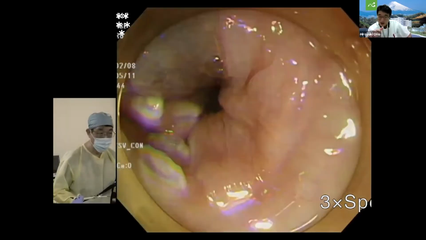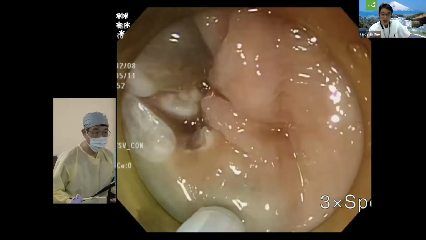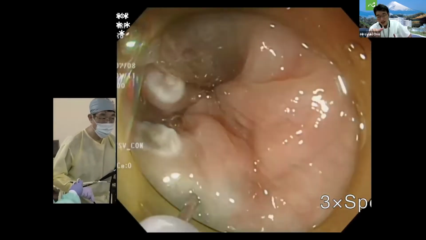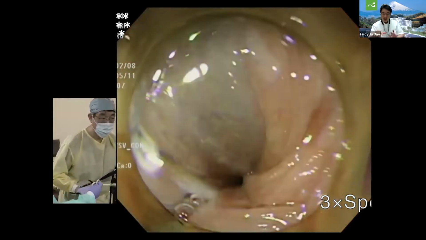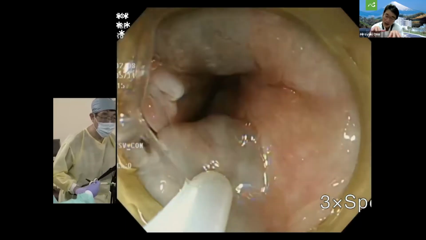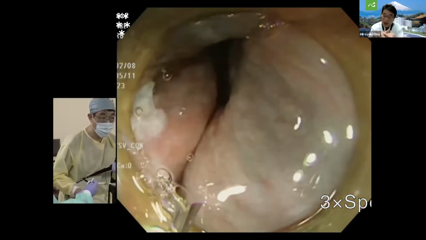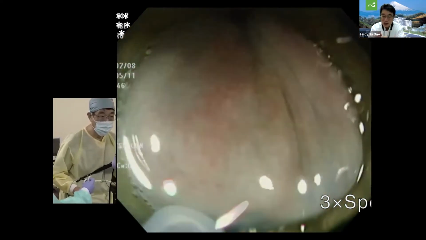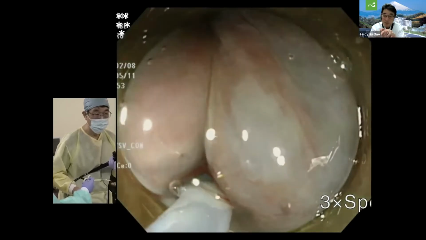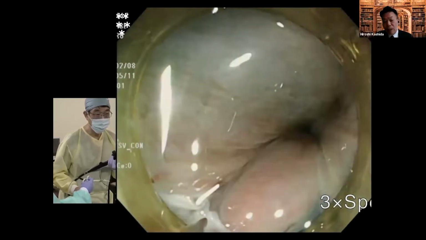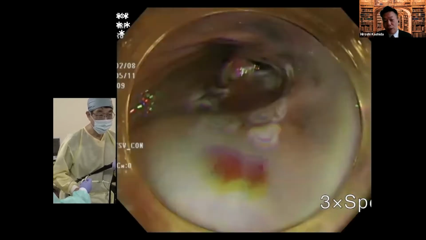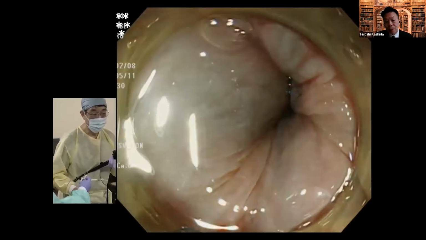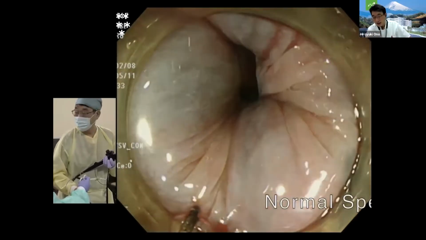This area is a little bit difficult to inject. Maybe the injection solution went into the subepithelial area, not the submucosal area. Where did you start the resection? The mucosal incision, where do you start? Distal side.